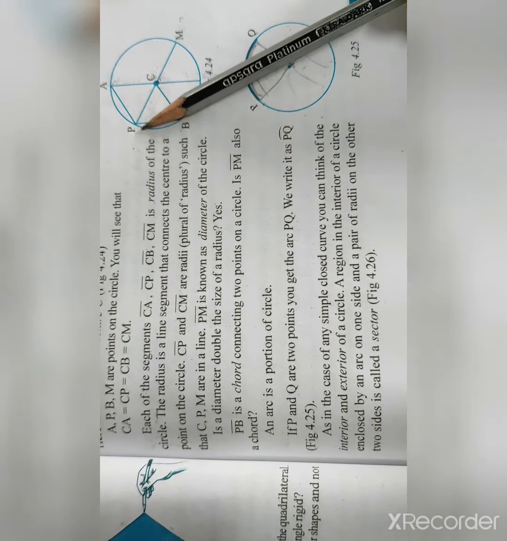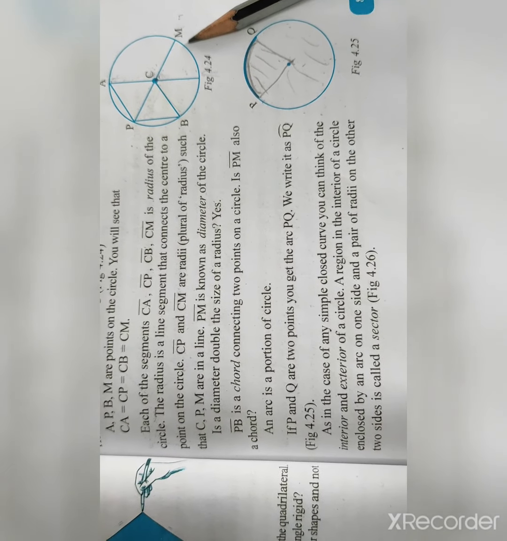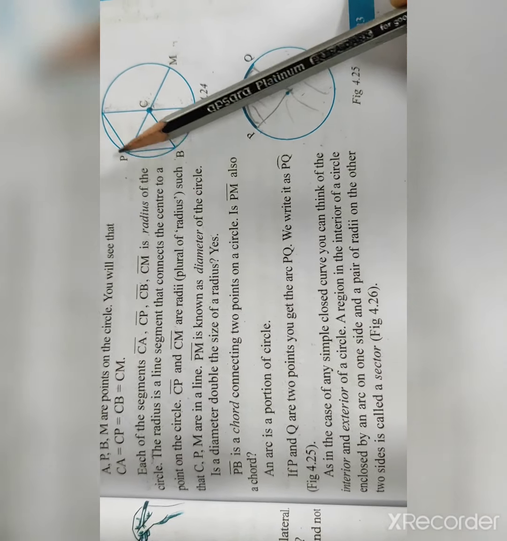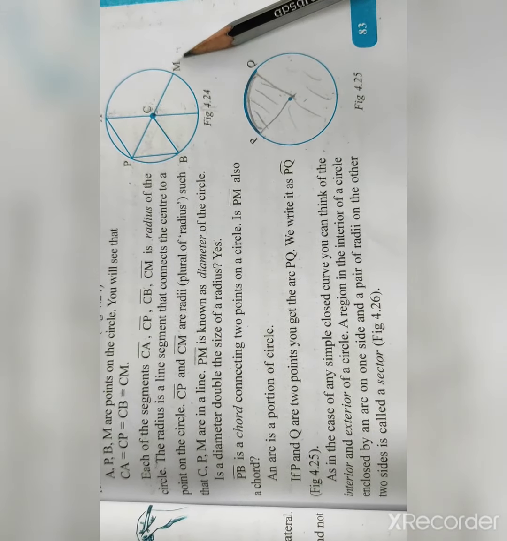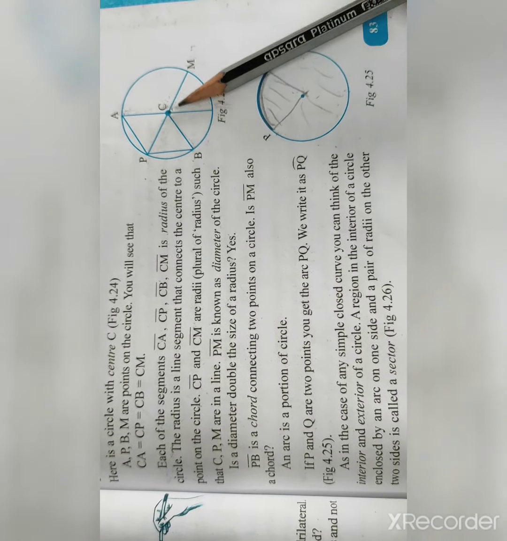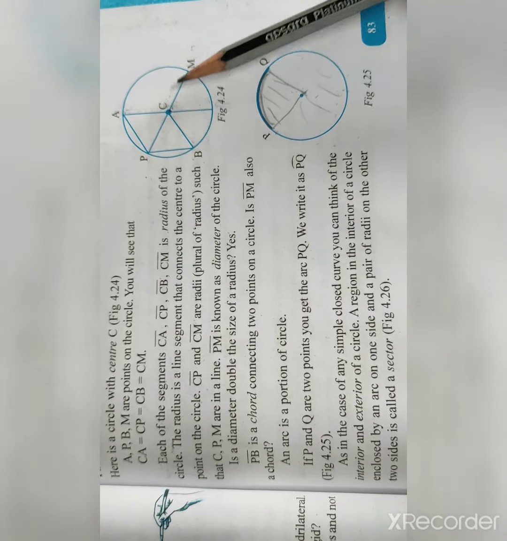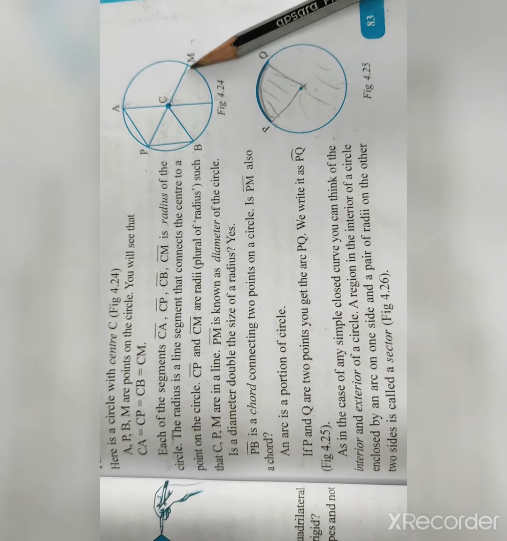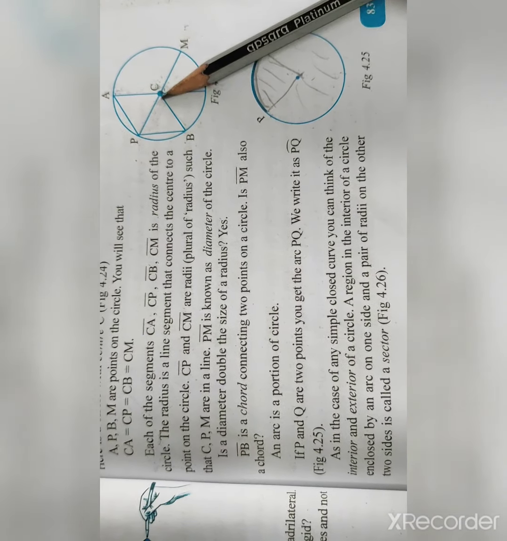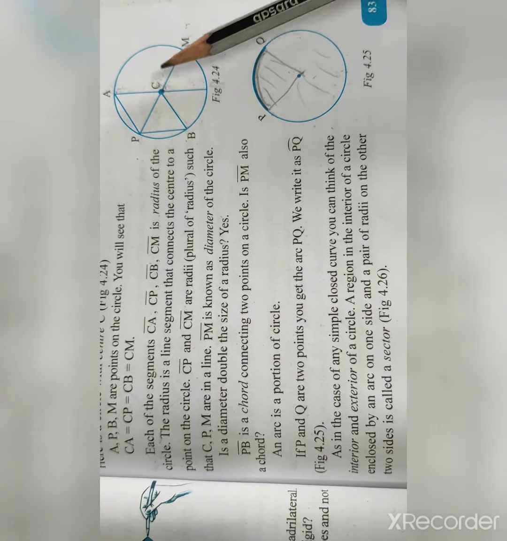So we can say line segment PM is known as the diameter of the circle. That means one radius plus another radius, and this line segment passes through the center of the circle. If any line segment has its end points on the circle and passes through the center of the circle, it is called a diameter.